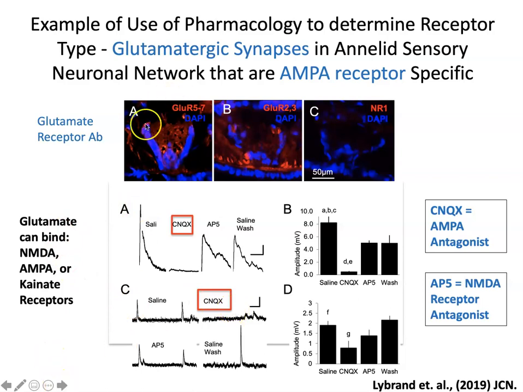This is just an example showing that we had a glutamate synapse. We did the immunohistochemistry, which you see here, and the glutamate is in red. So we knew that these were glutamatergic synapses, but we didn't know which receptor was functional at that particular synapse.